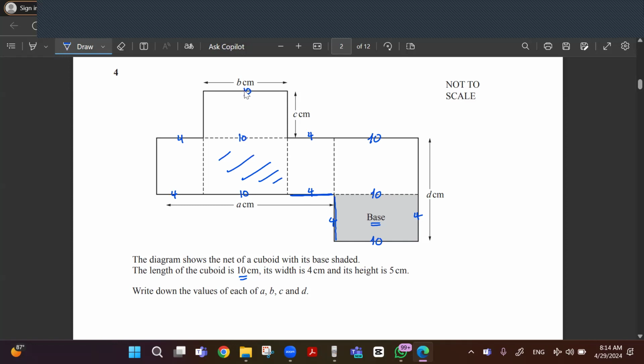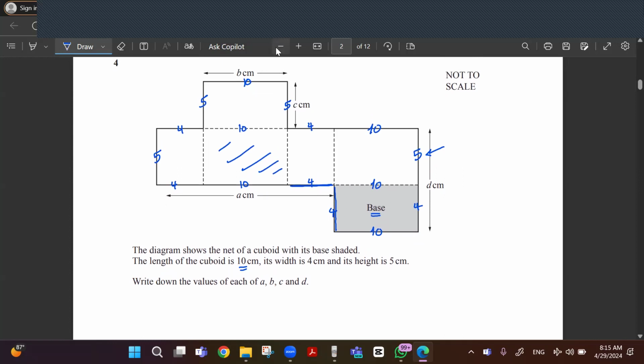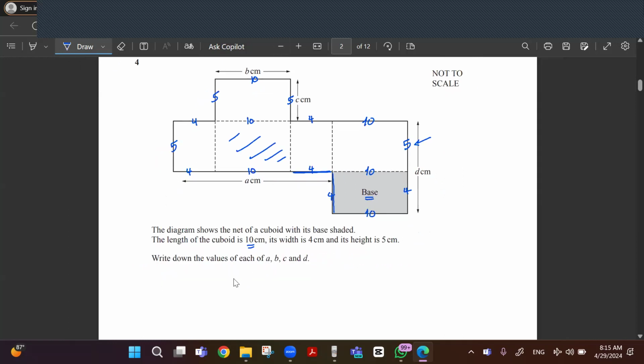Where is the height? The height is the third one here. This is length and width. This will be the height. So this is 5, and this is 5, this is 5, this is 5. Any problem for now? Okay. He wants me to find A, B, C, and D. A equals 4 plus 10 plus 4, so equals 18 centimeters.